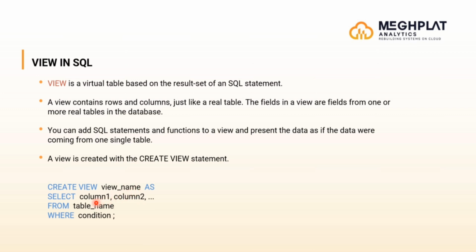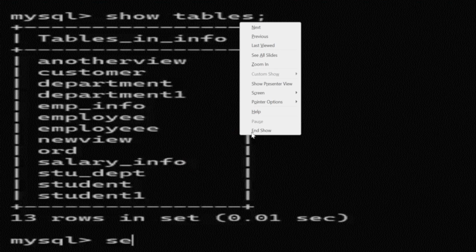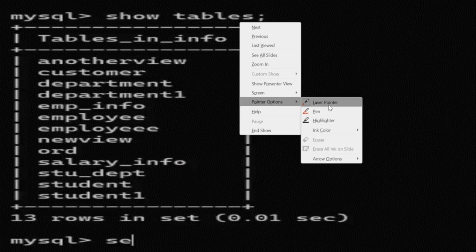Then column 1, column 2 are the columns we want to include in the view. Then table name, as you know, is the table from which we are selecting data. Then the where condition is an optional condition to filter the data. So let's go to the execution to execute it.